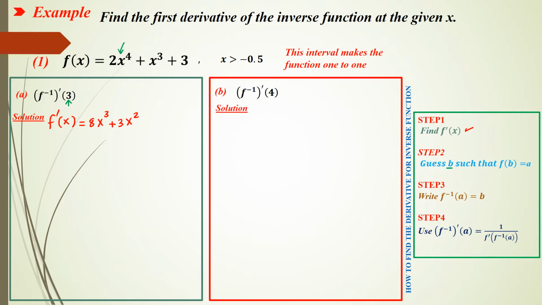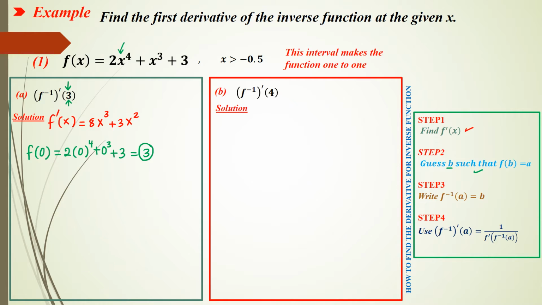So by guessing you can see that f of 0 equals 2 multiplied by 0 to the fourth power plus 0 cubed plus 3, which gives us 3. So this gives us the number x in the question. So this is the second step.